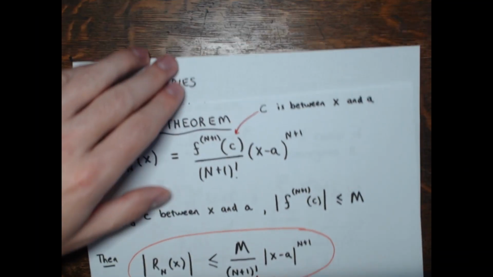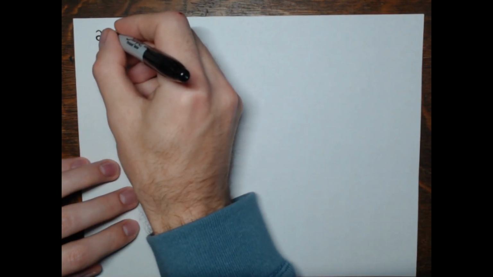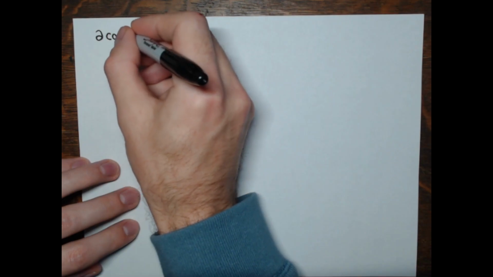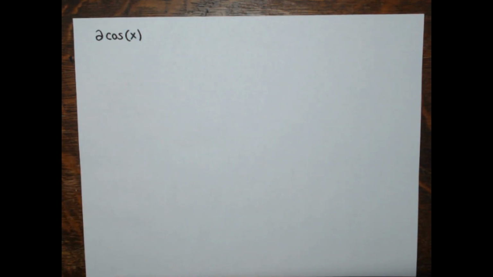All right, so let's see. The function we're given here is 2 times the cosine of x.